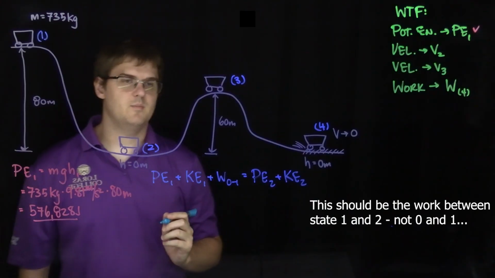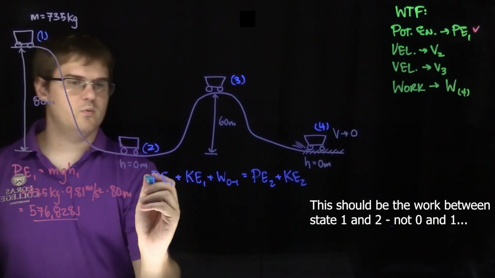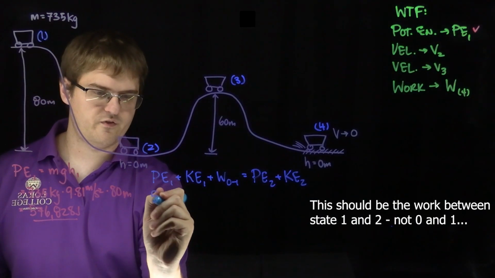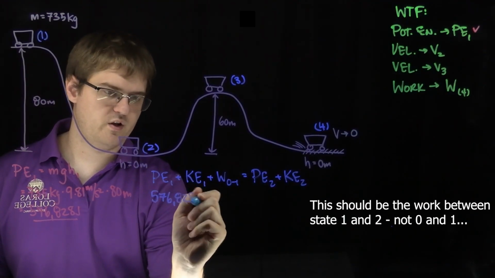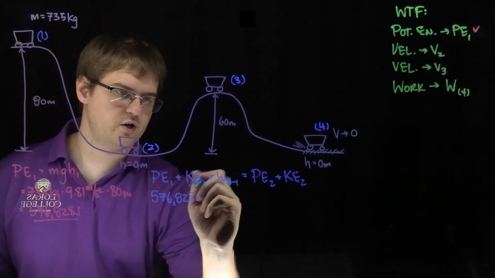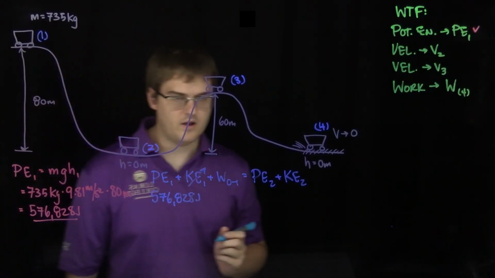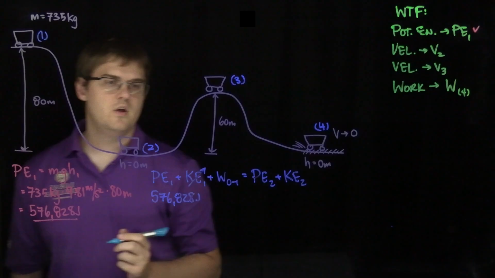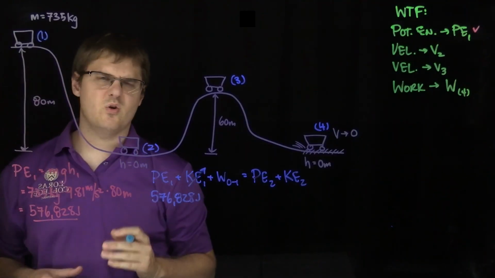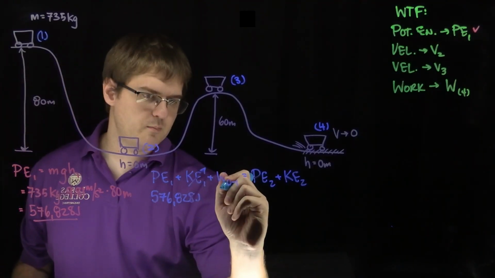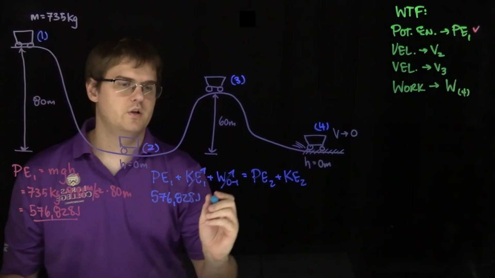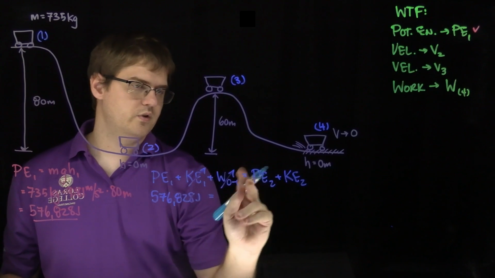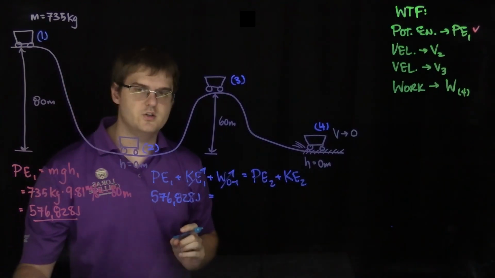Potential energy at 1, I have as 576,828 joules. Kinetic energy at 1, I have a velocity at 1 of 0. Work between 0 and 1, I'm not told about any outside work going on. I'm not worried about friction. I've got a frictionless track in this question. So that is equal to potential energy at 2 plus kinetic energy at 2.